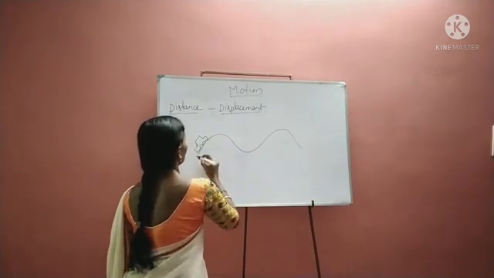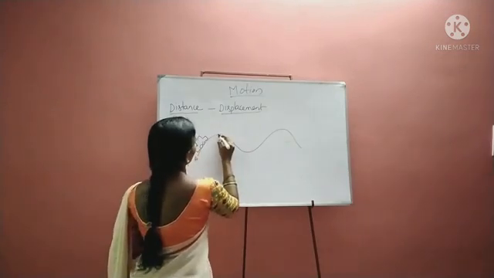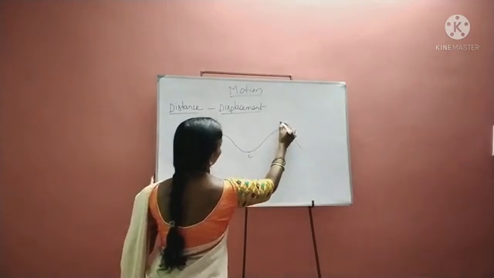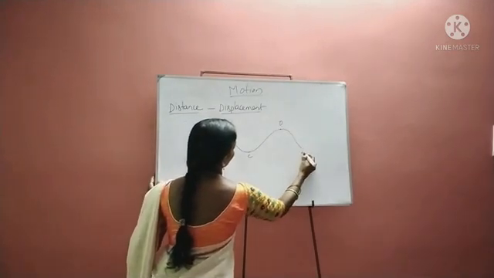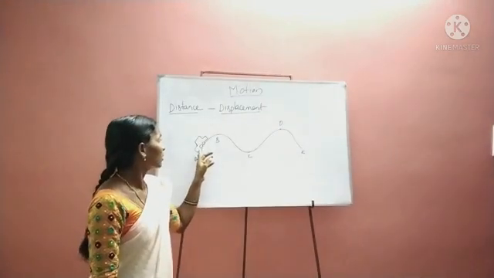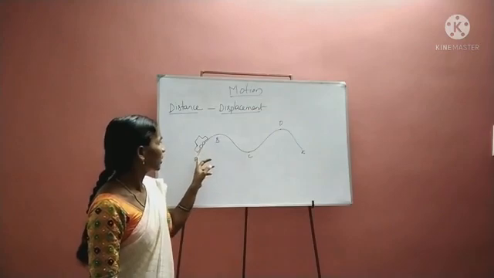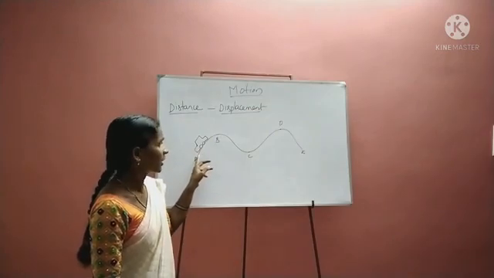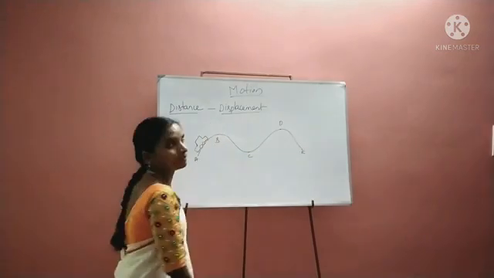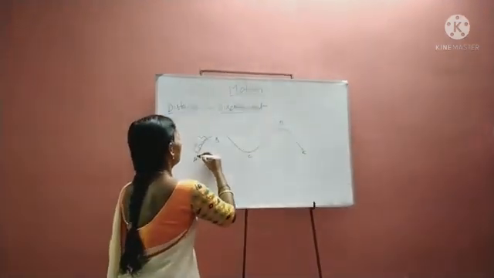There is a car moving on the path. The initial point is A. The car moves from point A, and finally it reaches point E.